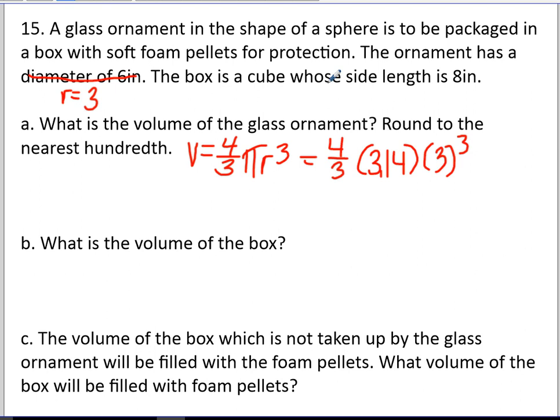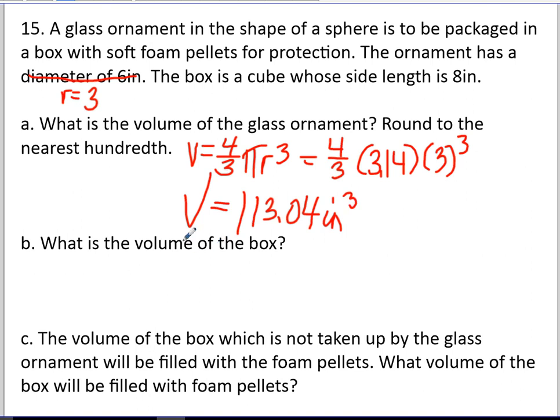And when we plug that into the calculator, we get 113.04. And again, volume is in 3 dimensions, so it's cubic units, and we have inches, so it's cubic inches.